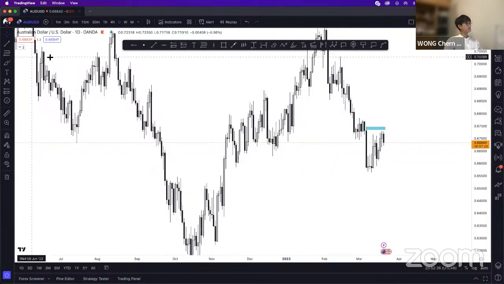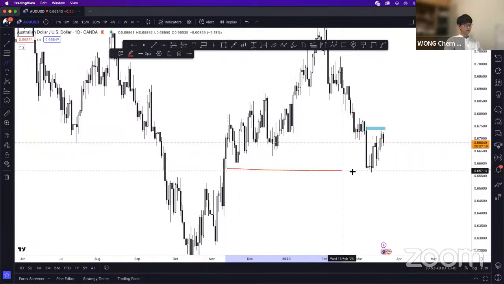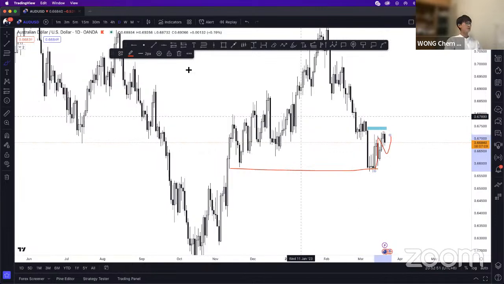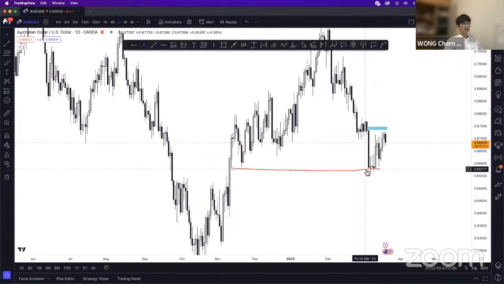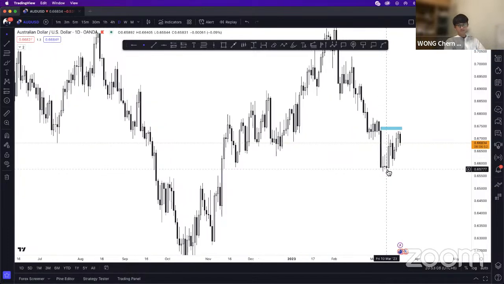This bottom area has been cleared, it is very obvious, and upon clearing this level, price went up bullish. However, the question now is whether this bullish leg will continue to persist, or will it start to wane and drop, and for the USD to overtake and start moving in the bearish direction.